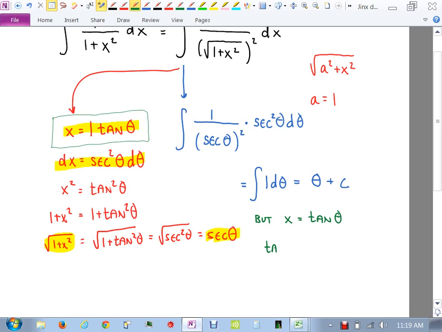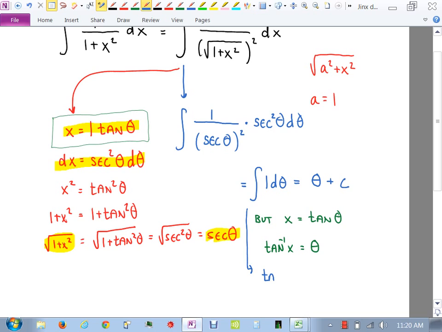So arctan of x equals the arctan of tan, which is just theta, right? So if your answer is theta, and we just said theta is arctan x, then the answer is arctan x. And we're done. Kind of cool, huh?